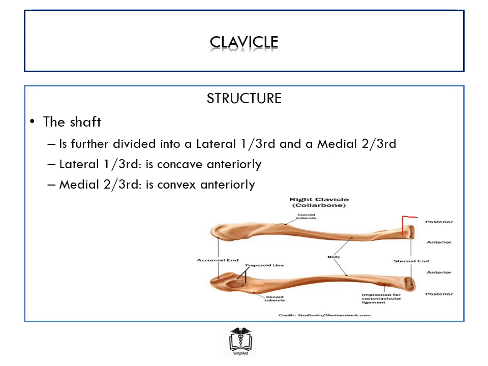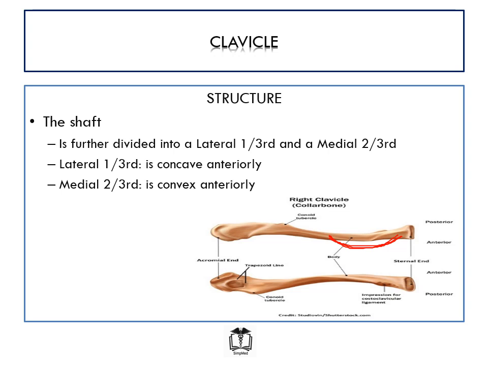This is the sternal end here, right? And this automatically means that the part of the shaft connected to the sternal end would be the medial two third. What you notice about the medial two third is that anteriorly, so this is the anterior portion here, the medial two third tends to be convex, tends to shoot forward or bulge forward. It's convex, so it has like a bulge forward. So we say that the medial two third is convex anteriorly.